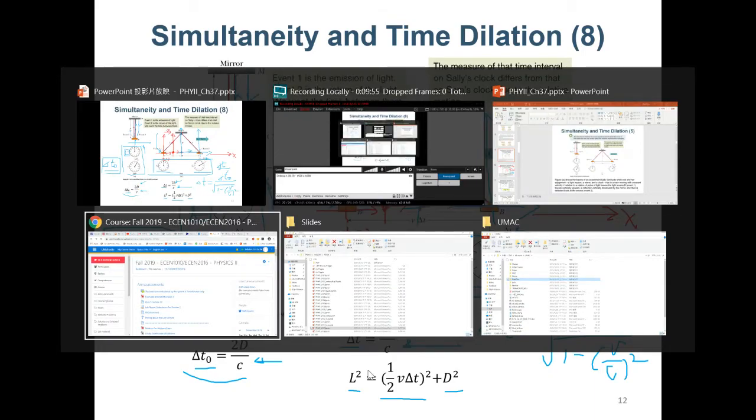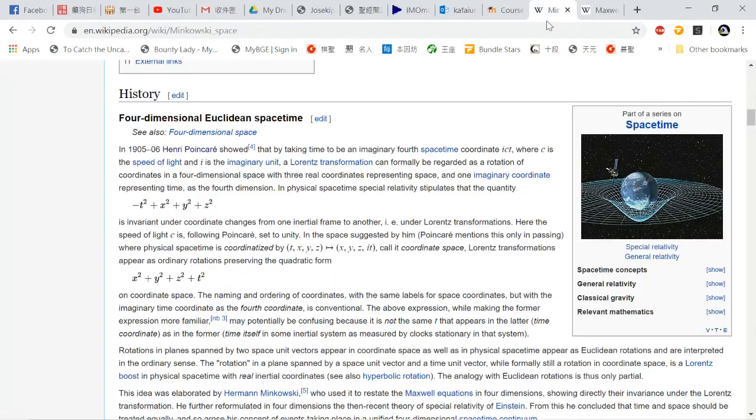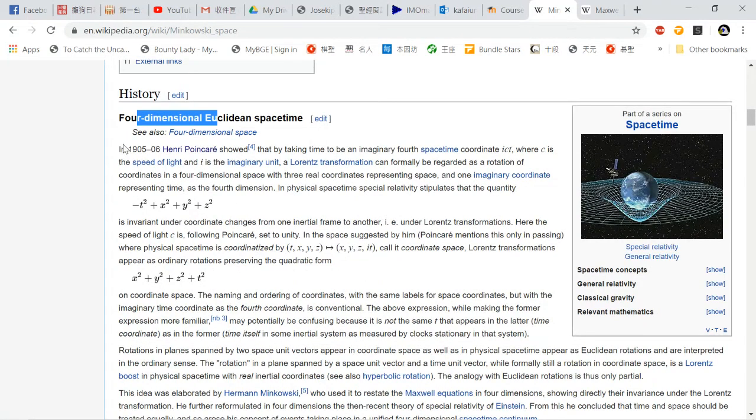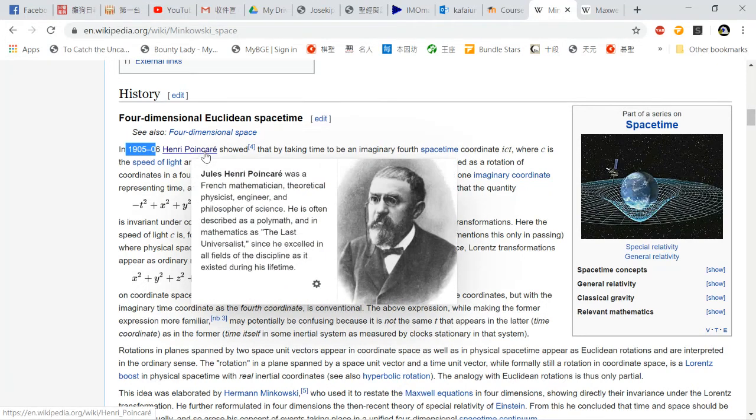And actually, we can see something like here. We have the so-called four-dimensional Euclidean space. So in 1905 to 1906, Poincare. Some of you are mathematics students, so you should know about him. He proposed the famous Poincare conjecture, and mathematicians spent 100 years to really solve it.